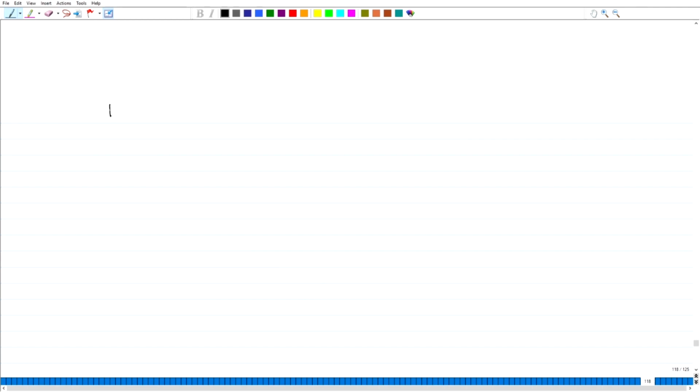One can easily write down that this F n in dimension n at the point x is equal to the summation over m with mod of m I less than or equal to n.